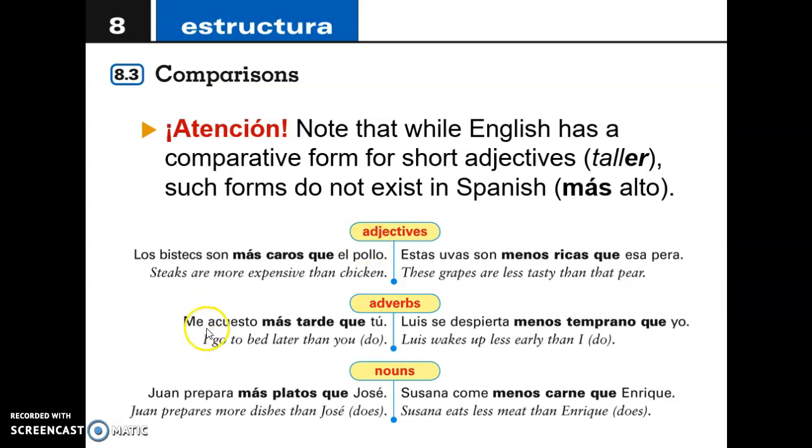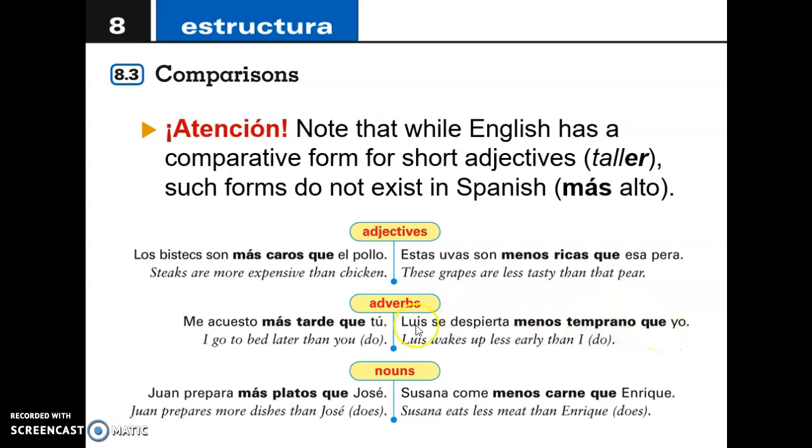Adverbs. Me acuesto más tarde que tú. This is going to modify an action. I go to bed more late than you. So if we want to translate, this is going to be the literal translation. Of course, we have to modify because that's not the way that we use it in English, but literally it would say something like more late than you. Okay? Same structure. Luis se despierta menos temprano que yo.